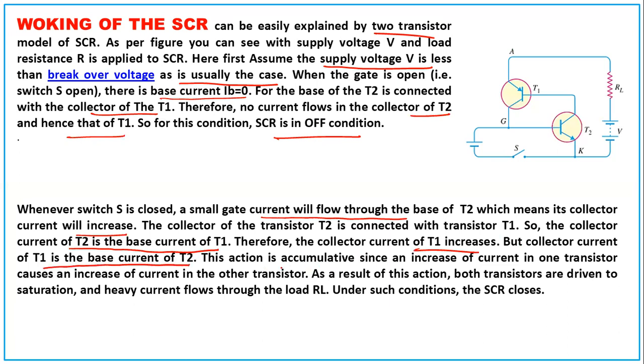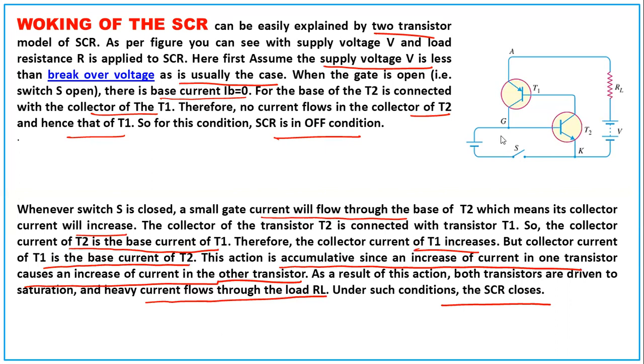This action is cumulative, since an increase of current in one transistor causes an increase of current in the other transistor. As a result, both transistors are driven to saturation and heavy current flows through the load RL. Under such conditions, the SCR turns on. So that's how the SCR is becoming on based on the collector current.